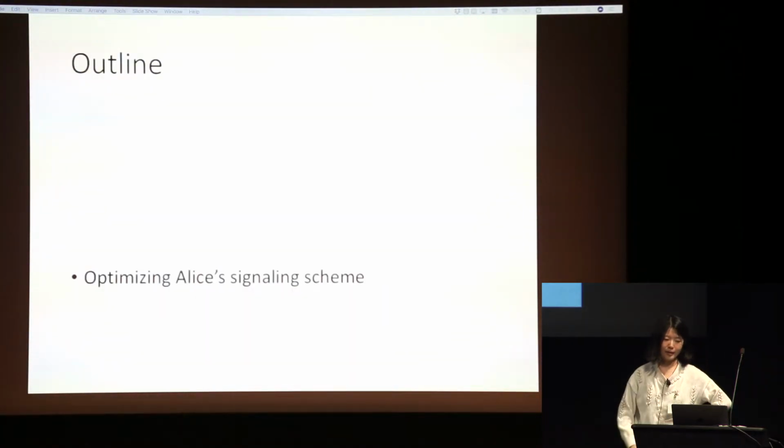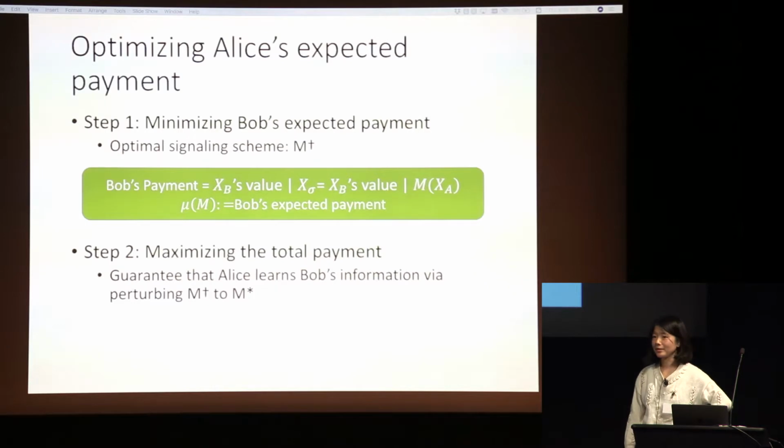Okay. So then how do we optimize Alice's effective payment? Since if Alice can learn Bob's information, then it's just a constant sum game. So what Alice should do is minimize Bob's effective payment. So basically, Alice should pick a proper transition matrix M such that the value of Bob's private information is minimized, conditioning on this MXA.